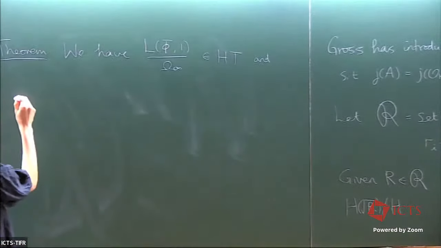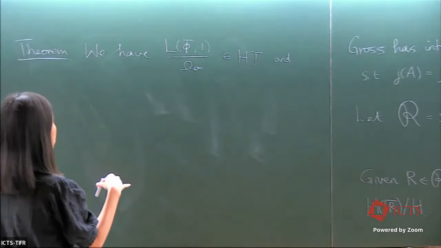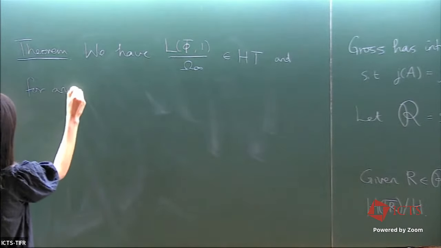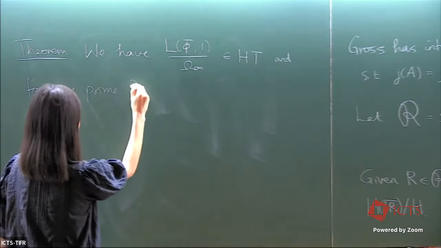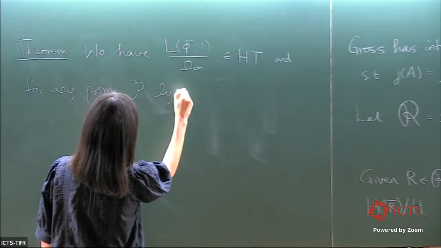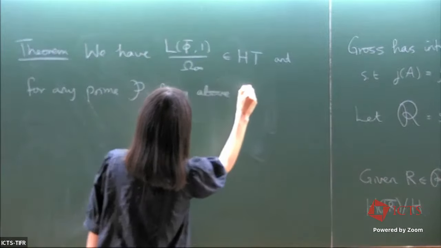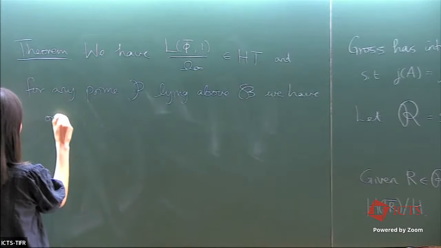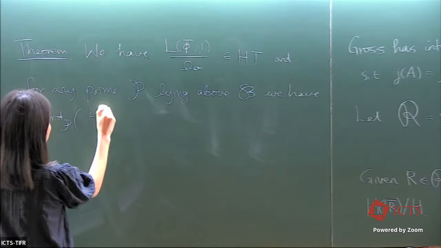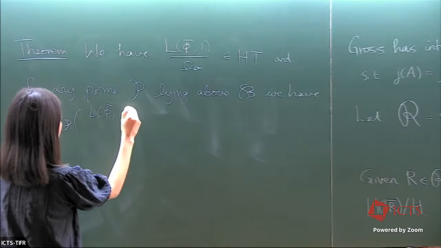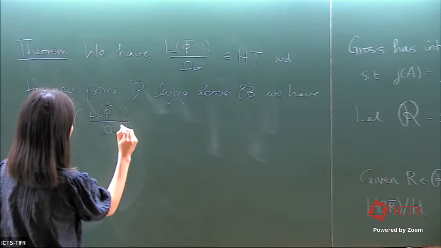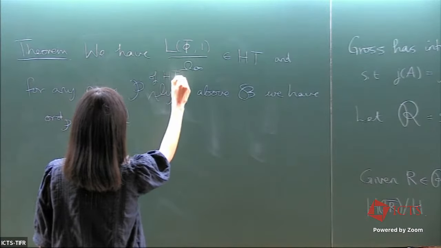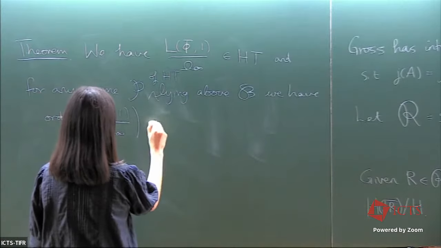And for any prime lying above this frac capital P, let's call it curly P, we have that the curly p-adic valuation of this, sorry, this is of HT, is equal to -1.